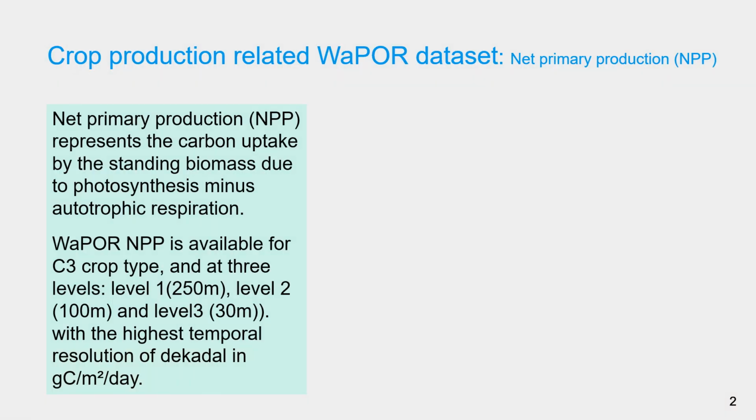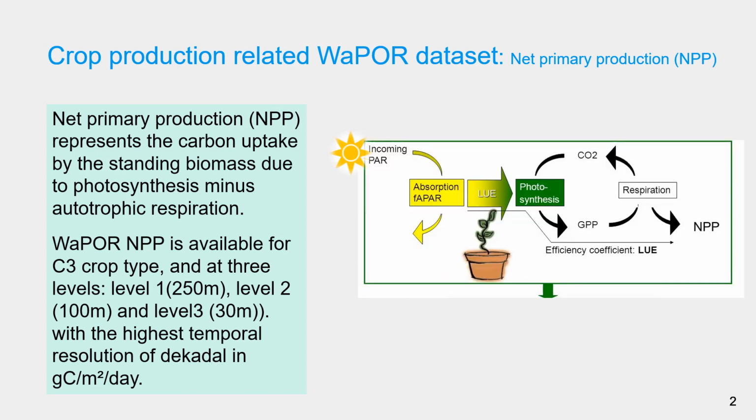WaPOR has a crop production related data layer called net primary production, known with the acronym NPP. NPP, or net primary production, is a measure of how much carbon dioxide is converted into biomass by plants in a given area and time period.